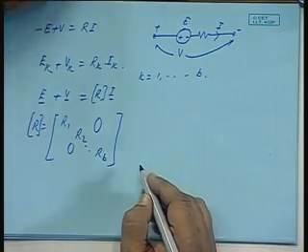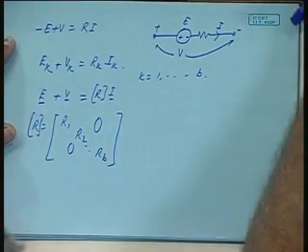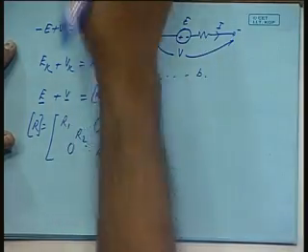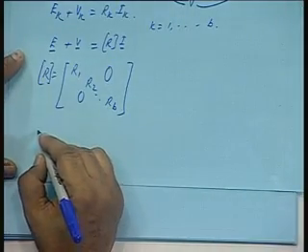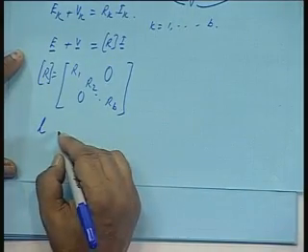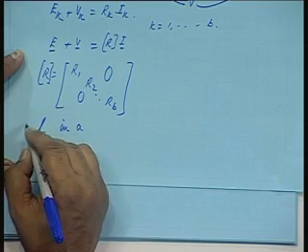Now, this is a very simple equation using Ohm's law. Now, we will consider a loop L in a graph.